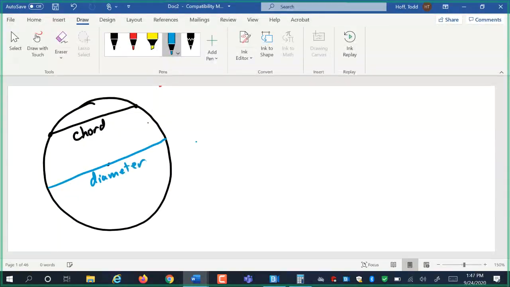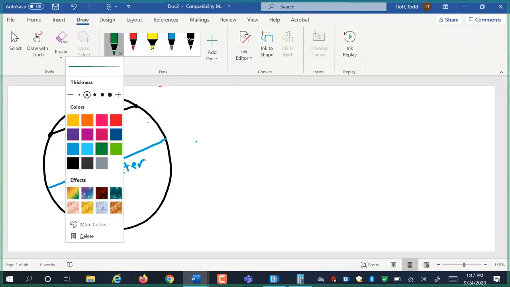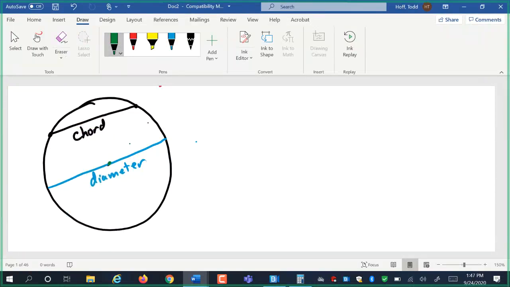That is just a chord that contains the center of the circle. So then our first major relationship is between the diameter and the radius. The diameter is equal to twice the radius, or the other way around, the radius is half the diameter.